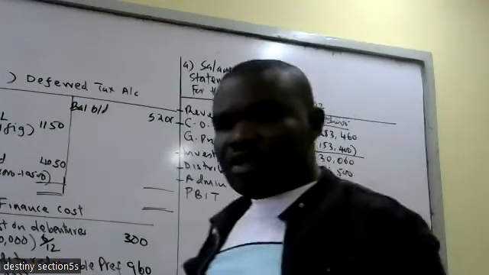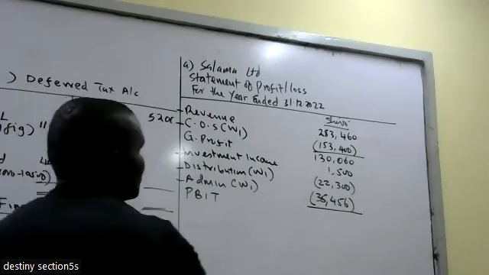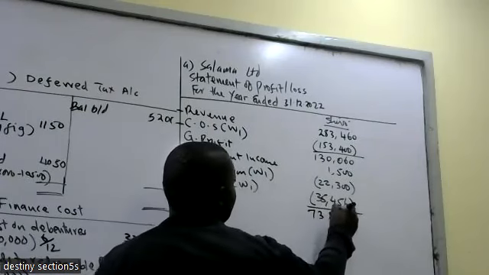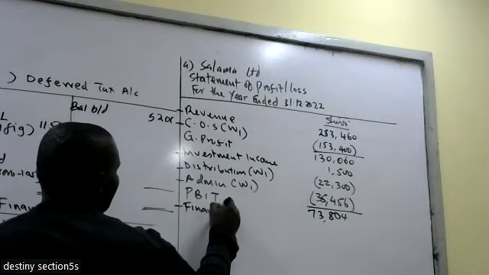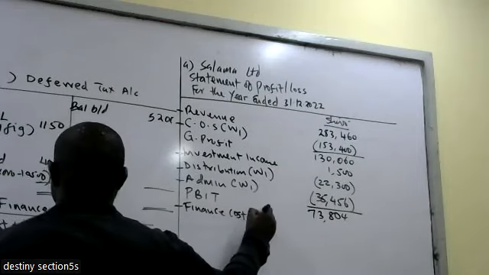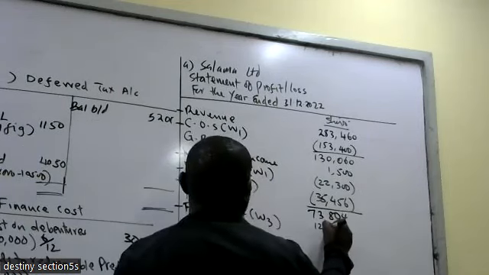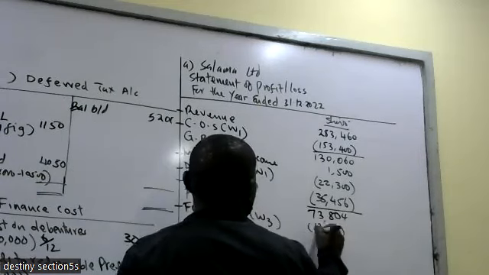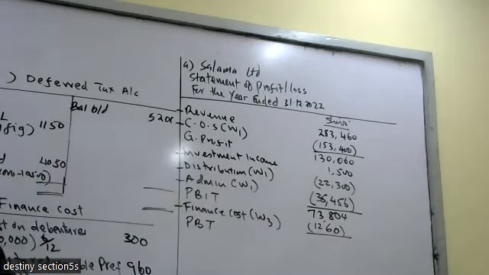So how much? 73,804. Finance cost, working 1,260. So profit before tax, how much is the profit before tax?